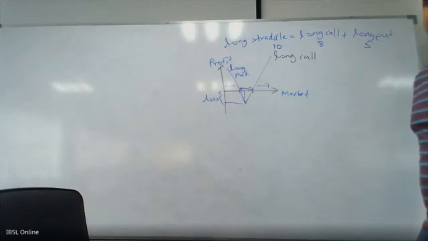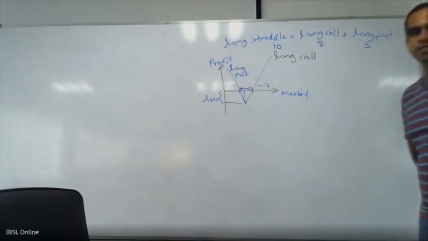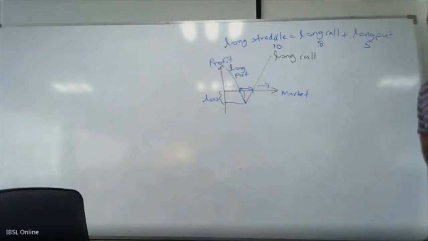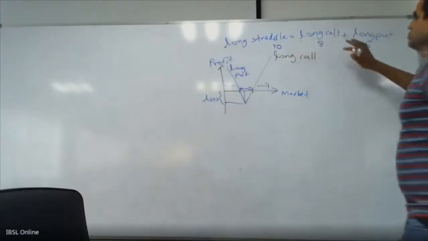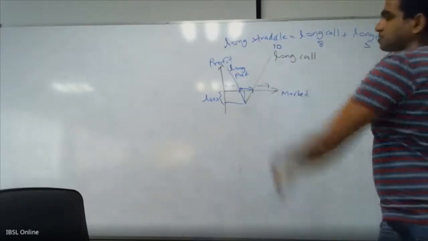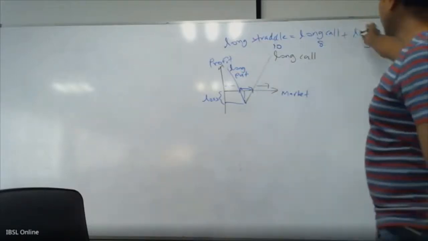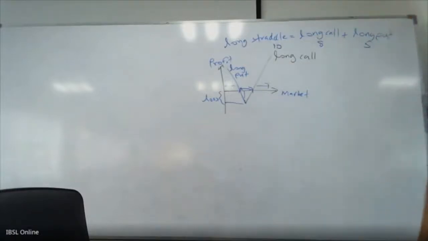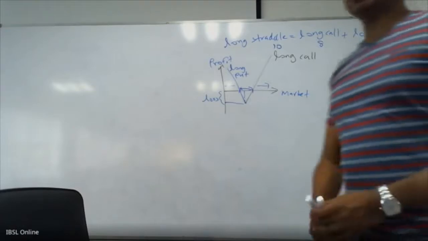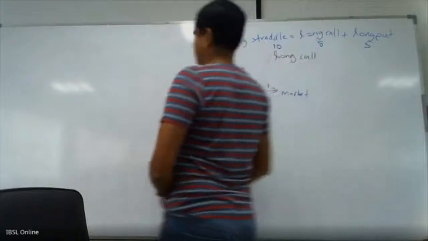There is arbitrage. What is the arbitrage opportunity? How can you make use of arbitrage? What will you do? It's the difference between the long call and long put. The right-hand side is more expensive than the left, right? So what you need to do is sell the expensive side and buy the cheaper side. So you can go short call, short put, and go long straddle. So you can keep printing money that way. Okay, so this strategy is called a long straddle.